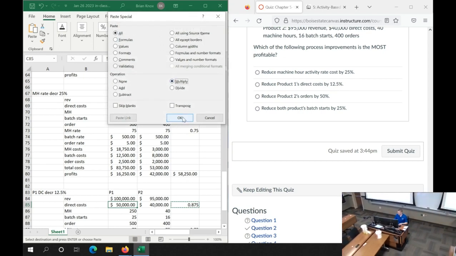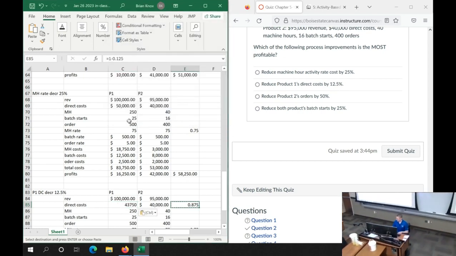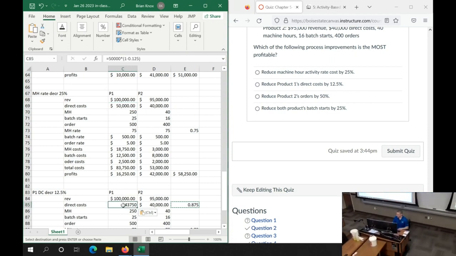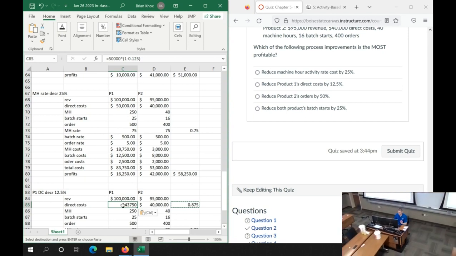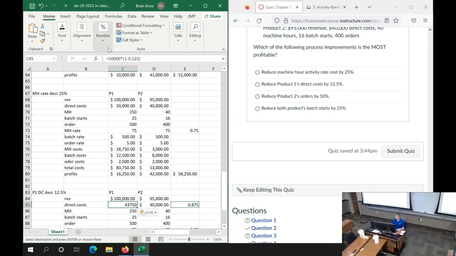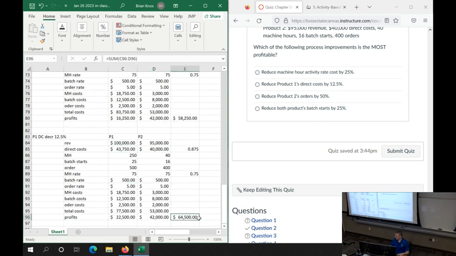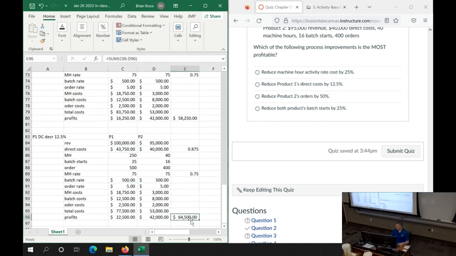Let's just multiply the two. So instead of being 50,000, it's 87.5% of 50,000, which ends up being $43,750. If I could read numbers, that's what I would say. And profits went up even more, looks like, than before.